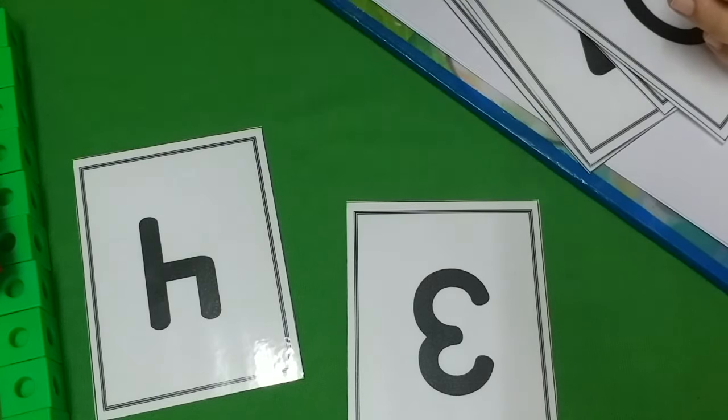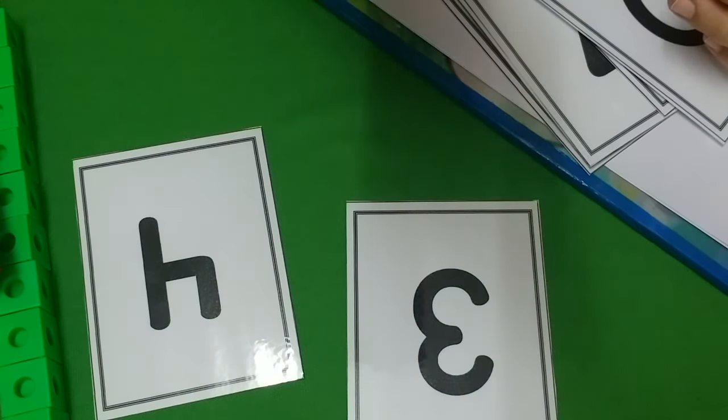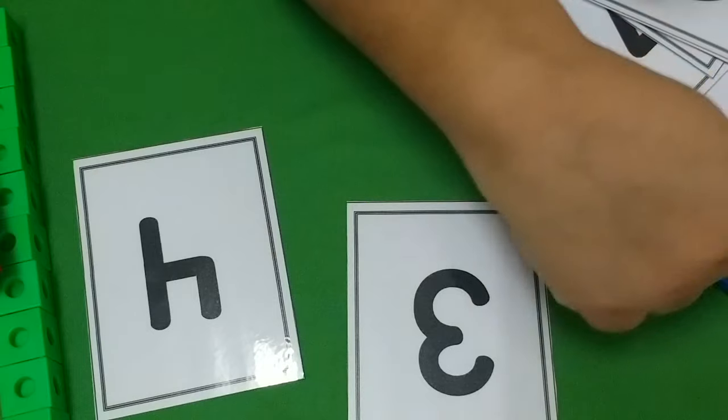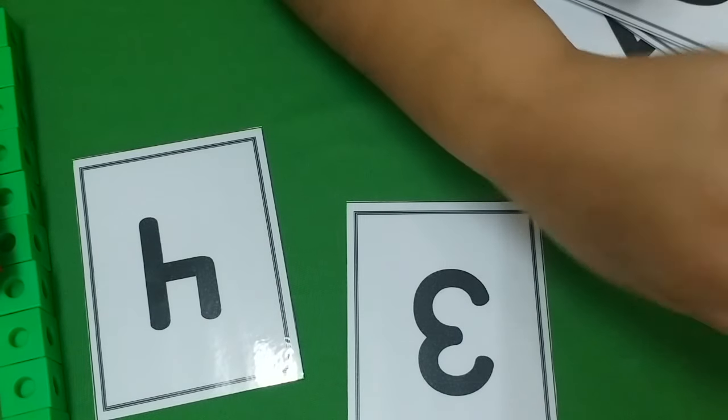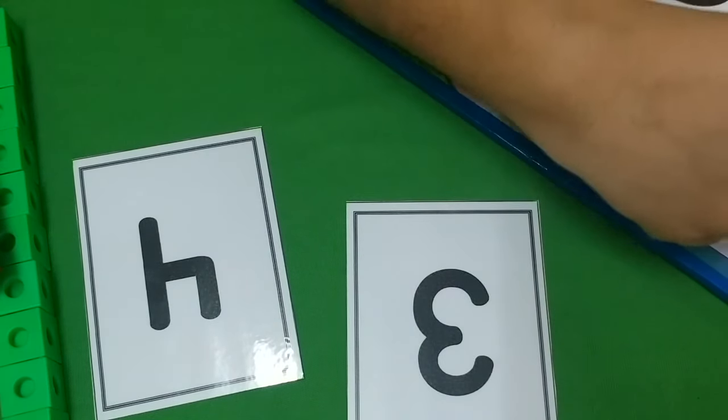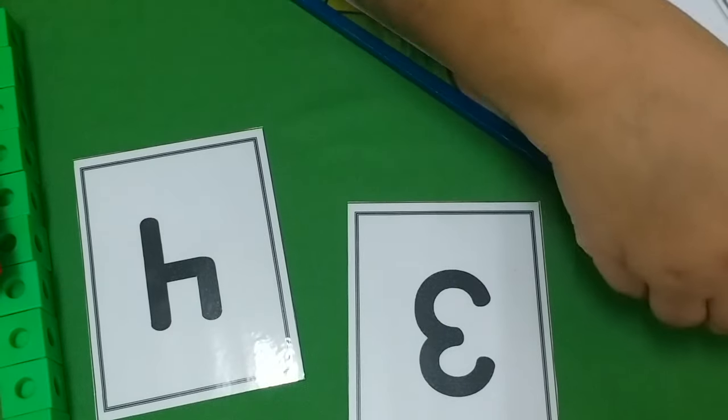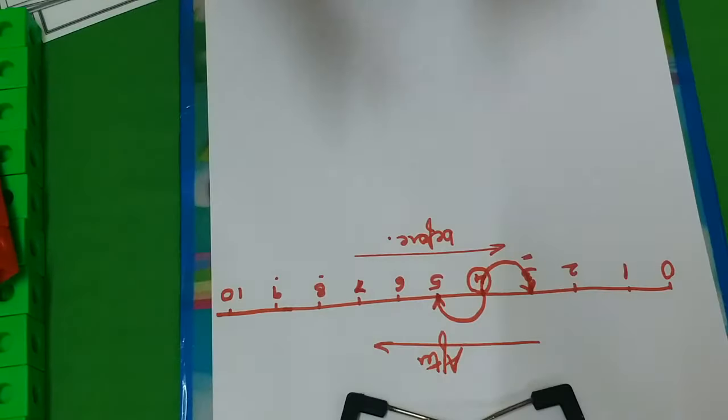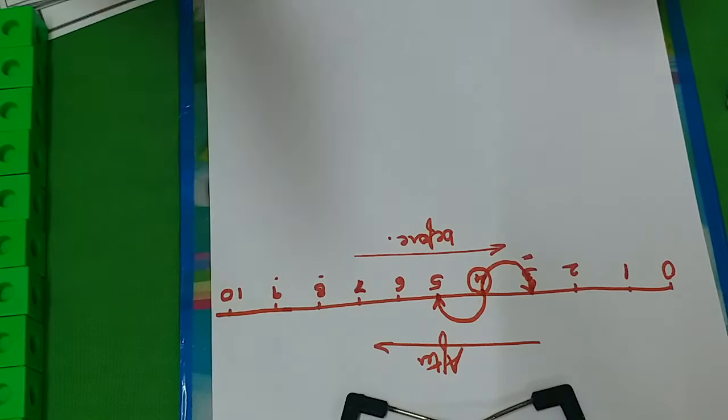So when you introduce these concepts, tell the child, okay, whatever goes from left to right increases in number or increases in quantity. So 7 is bigger than 6. With the number line, when you are introducing the concept of bigger and smaller, you can place blocks or any manipulatives on it.